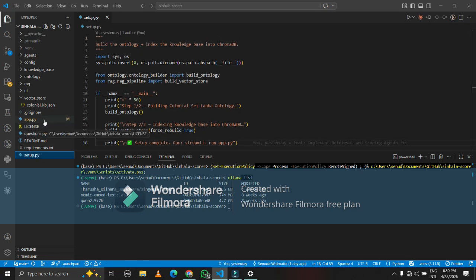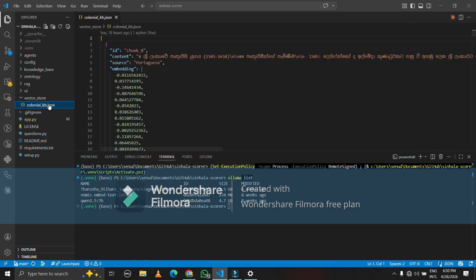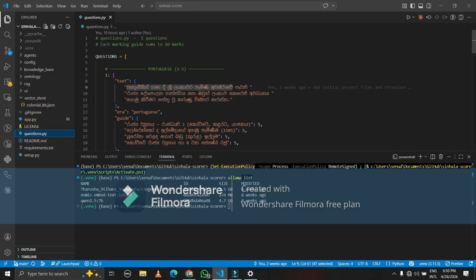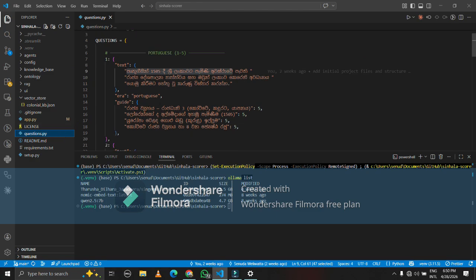What happened then is all the knowledge base files were read, and these chunks were made, 37 chunks. These are my five questions, and you can see the marking guide here: 5 marks for this, 5 marks for this, and 5 marks for this, and 5 marks.